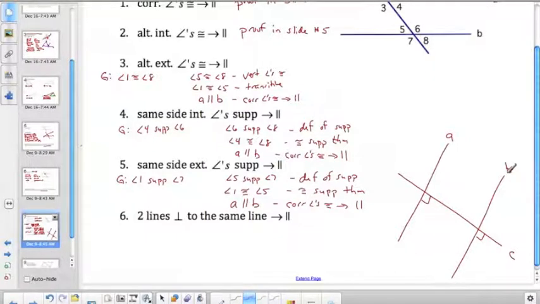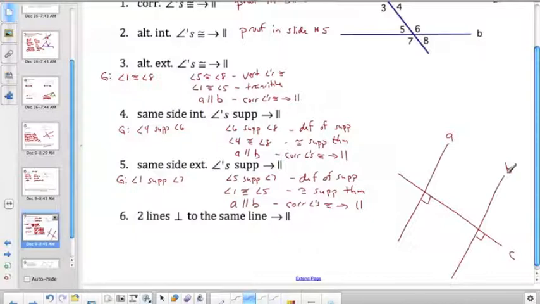Algebraically speaking, we know that A has a negative reciprocal slope to C because they're perpendicular. Well, B is perpendicular to C, so it also has the negative reciprocal slope. That means that A and B have the same slope, therefore they're parallel. So that's an algebraic proof.